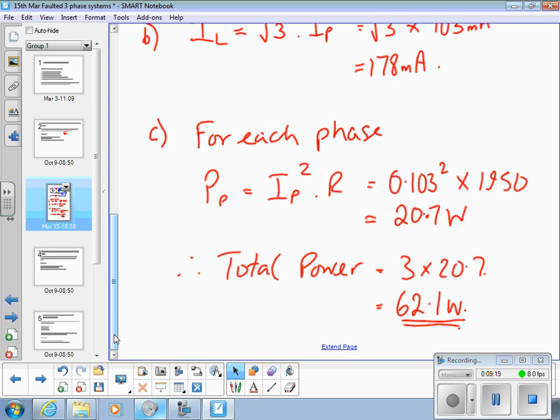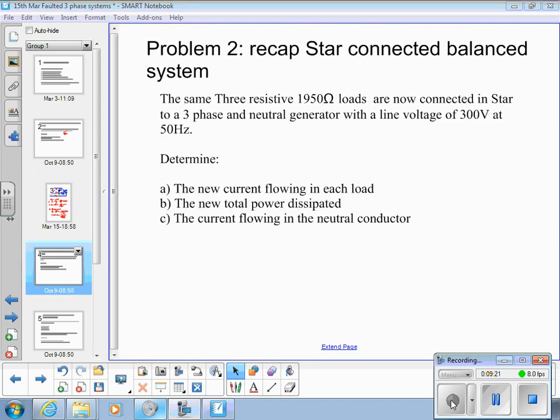Right, the next one I'm going to leave you to have a go at while I disconnect the system and reconnect it in star. We're going to have the same three resistive heaters connected in star to a three-phase and neutral generator. So we have a neutral line, but the line voltage is still 200 volts.